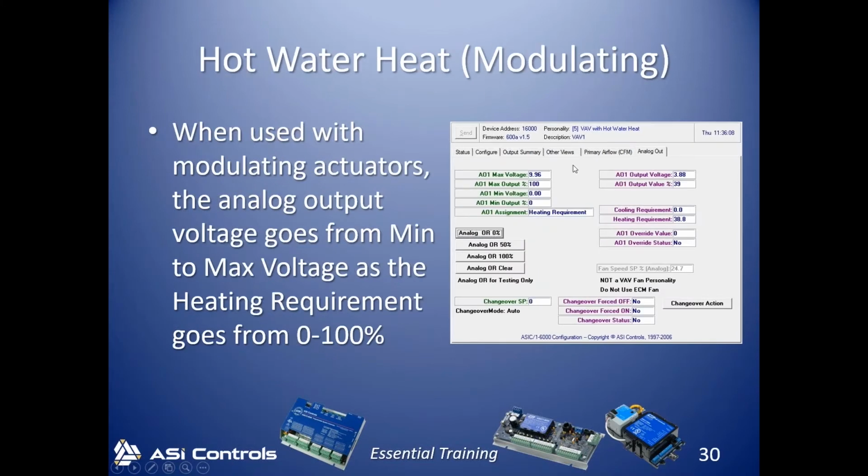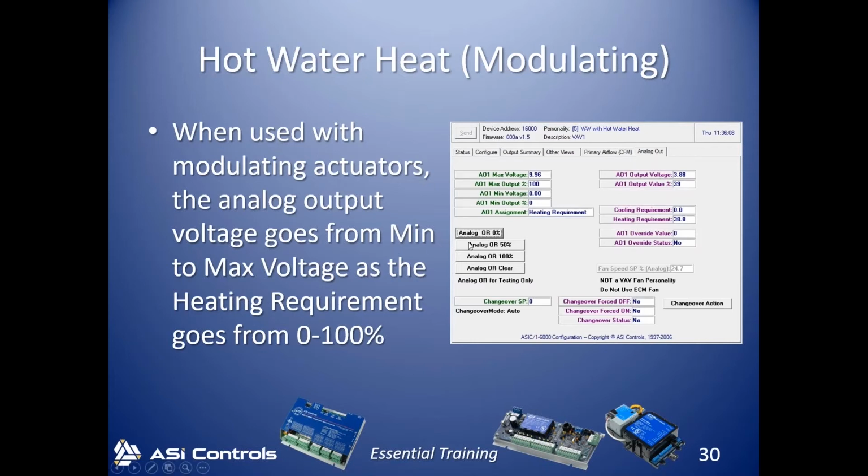If you had a modulating valve actuator using an analog output, I mentioned that the analog outputs operate independently of the personalities. So you don't even need to choose the with hot water heat option personality if you're using the analog output. In fact, that would free up outputs 3 and 4 for other purposes if you needed them.